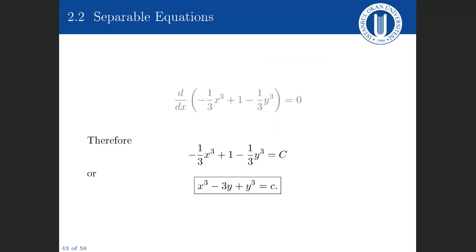And of course we can then integrate that to get this function equal to a constant. Or rearrange slightly: x cubed minus 3y plus y cubed is equal to a constant. And this is a different constant. I'm just not bothering to give the details that one is 3 multiplied by the other one or minus 3 multiplied by. It's just some constant.